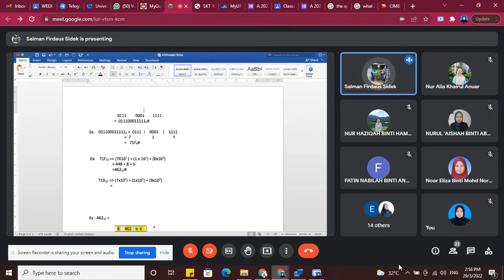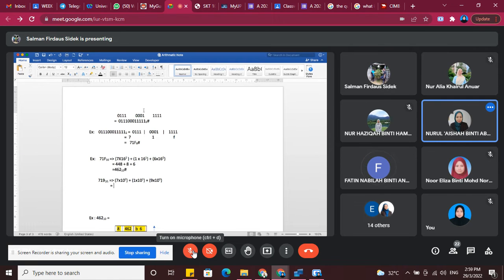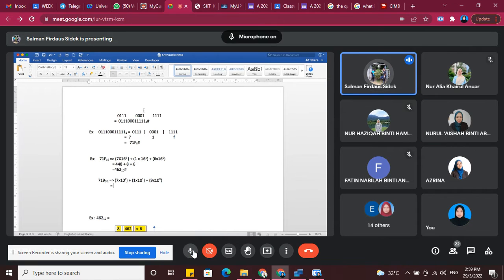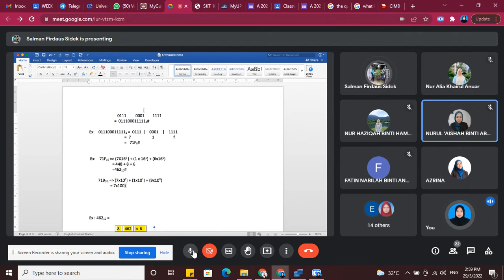Okay, 10 kuasa 2 berapa? 10 kali 10 kali 7. 10 kali 10 berapa? 100. Itu 10 kali 10, 100, apa 700 pula? Kali 7. Macam tu kan. Buat step by step.